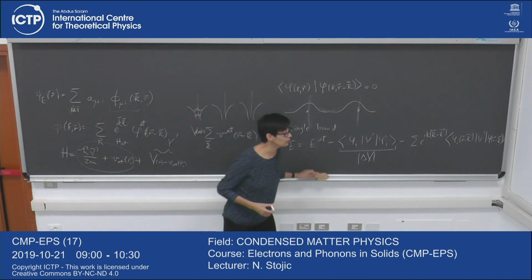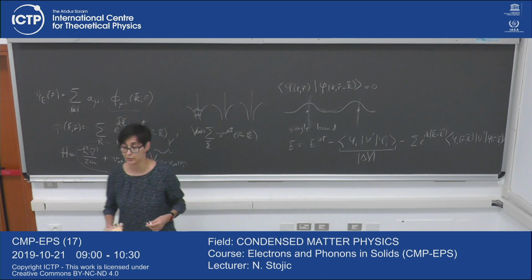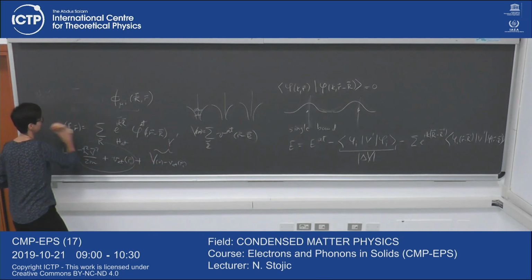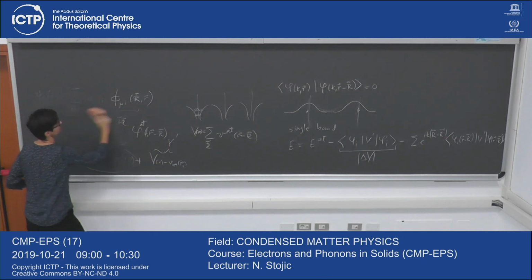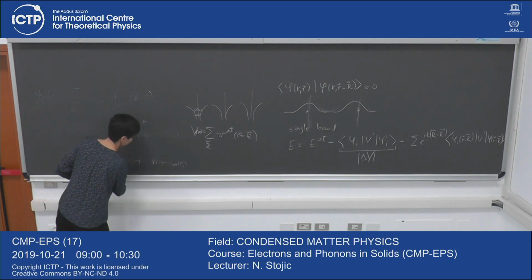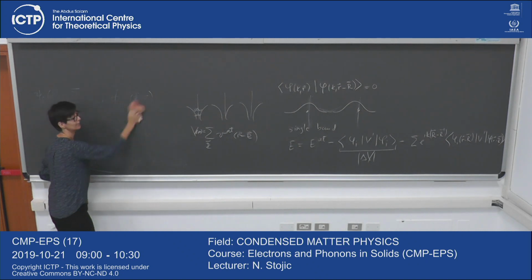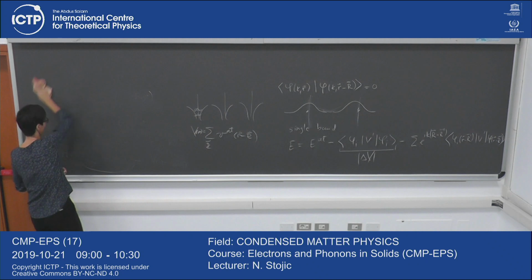But before, I will finish something that I couldn't finish last time. That is the case of two p orbitals in a square lattice.